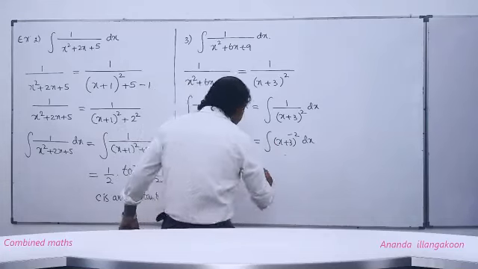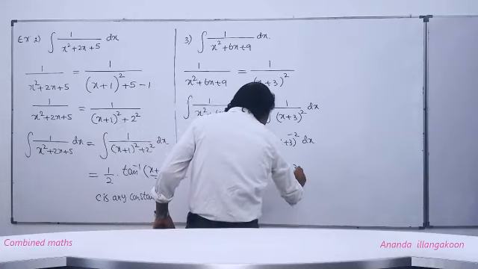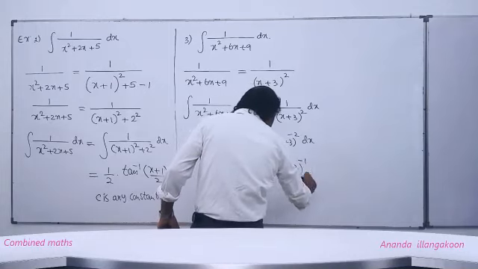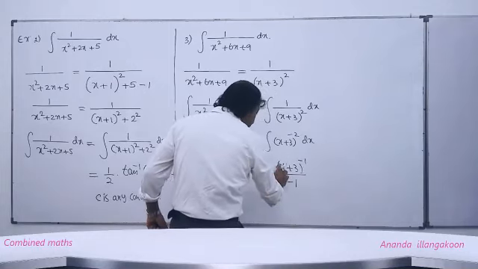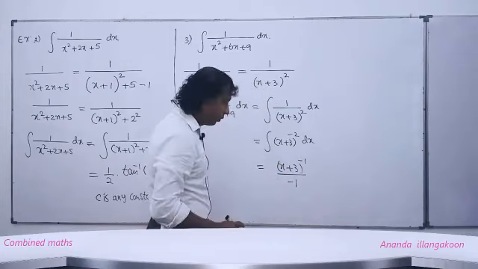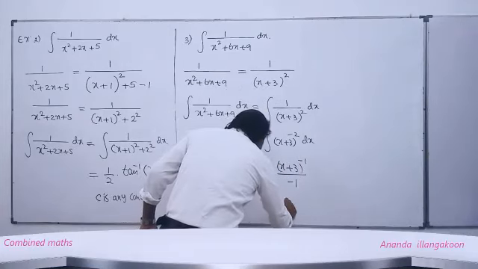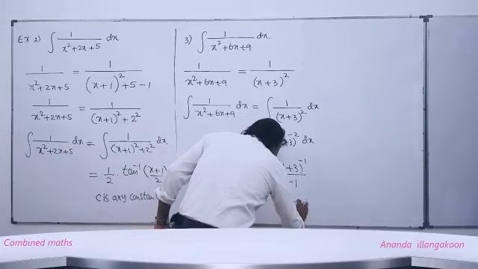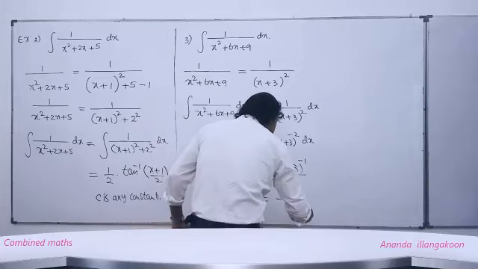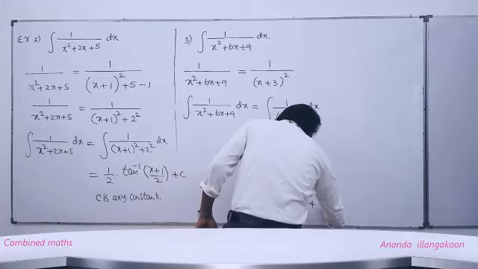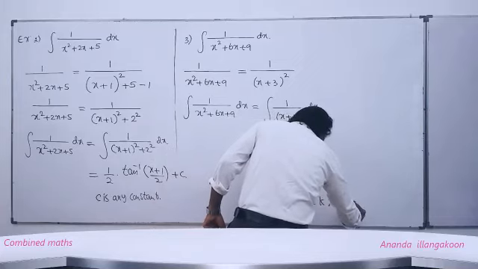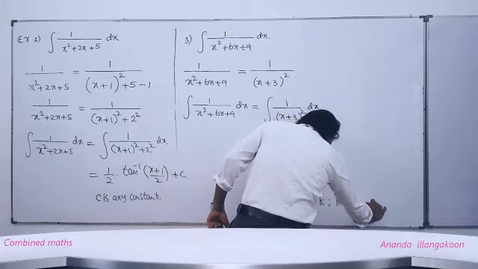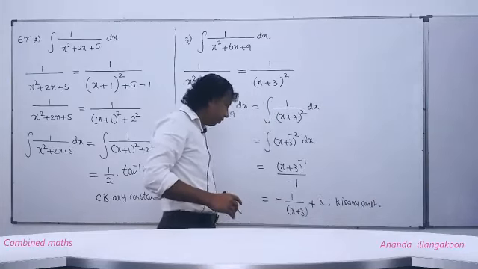Then we get (x plus 3), adding 1 here, minus 2 plus 1 is minus 1, divided by minus 1, and here x coefficient also 1. So this is nothing but minus 1 upon x plus 3, plus K. K is any constant.